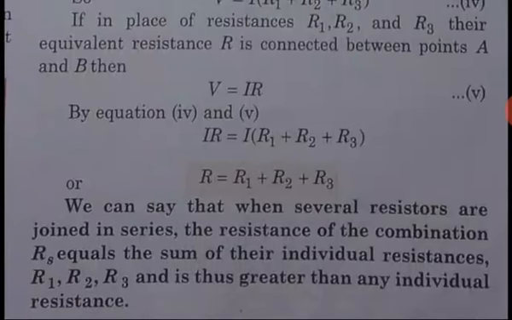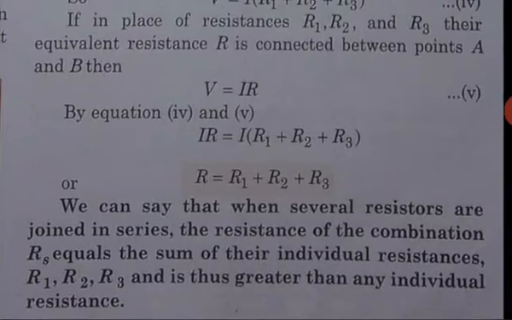So we can say that when several resistors are joined in series, the resistance of the combination is equal to the sum of their individual resistances, R1, R2, R3, R4, and thus greater than any individual resistance.